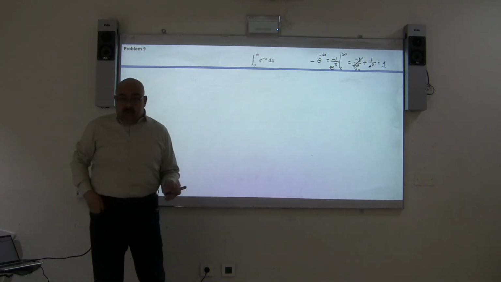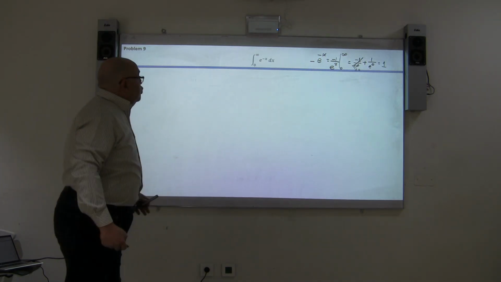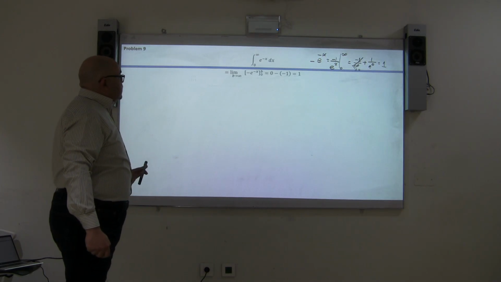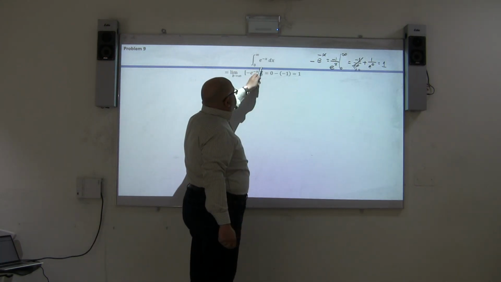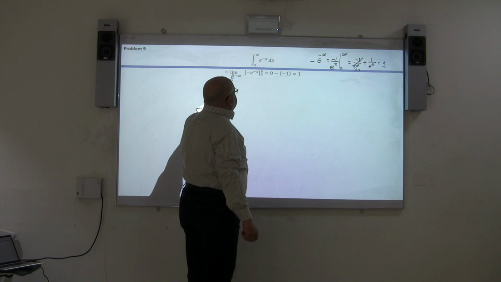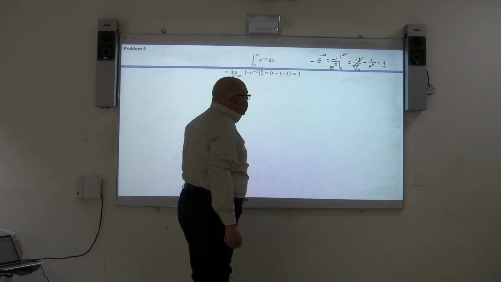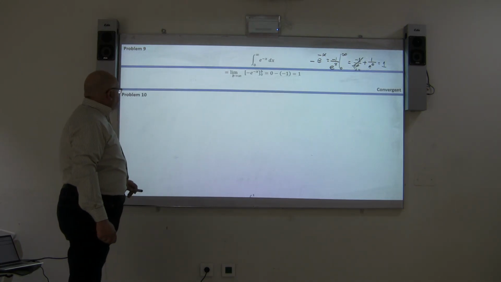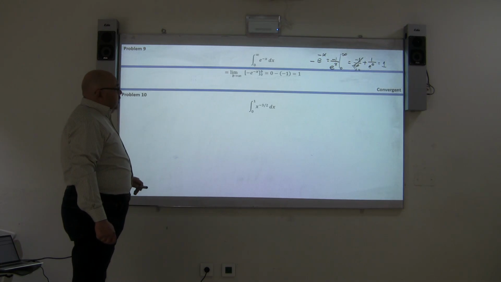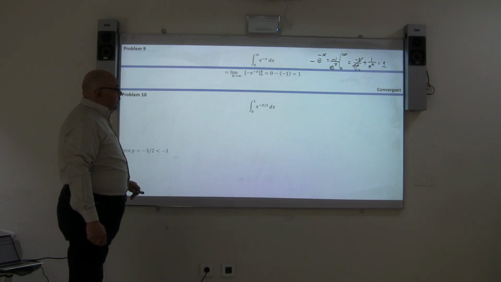So it is a convergent integration. So once more, it's really very simple. I've replaced the problem when x tends to b and the b tends to infinity, as you can see. Integrating will give you the same result, as you can see. It's a convergent integration. Problem number 10, it's an x to the power of -3 over 2 integrating.